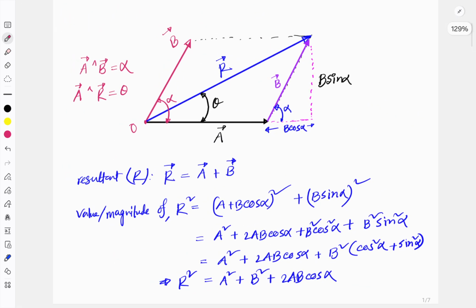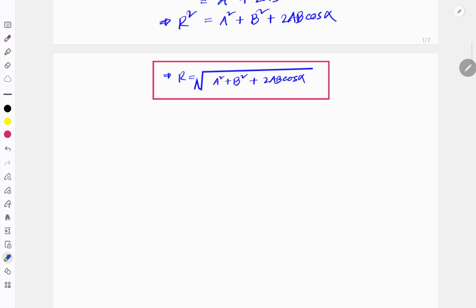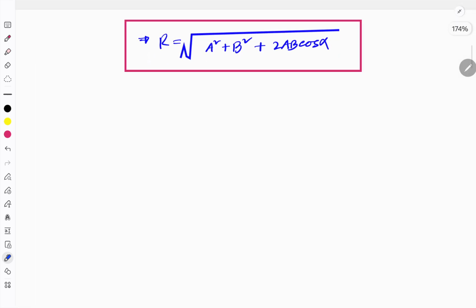Now let's try to figure out the direction. What we did earlier is that we found the value of the resultant. Now let's try to figure out the angle that our resultant makes with the vector A. Okay, so let's find out theta. Theta is the angle that our resultant makes with vector A. So let me write down the direction of resultant.